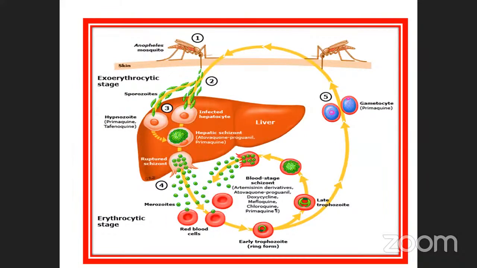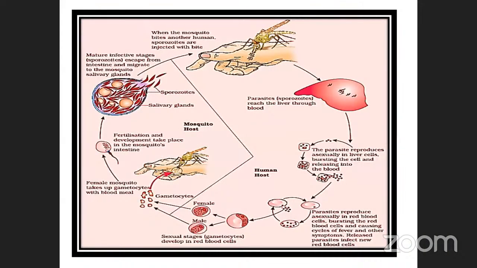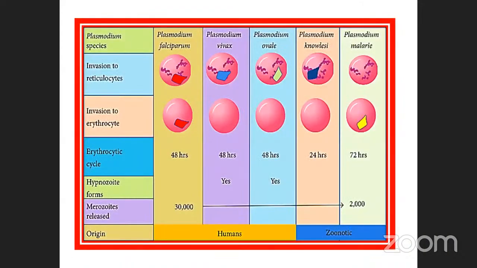This is the structure we saw. On this slide, how it happens. So what are the 5 steps majorly involved in this process? How it is in the RBC? How many hours does the erythrocytic cycle take? We already discussed that through this slide, isn't it?